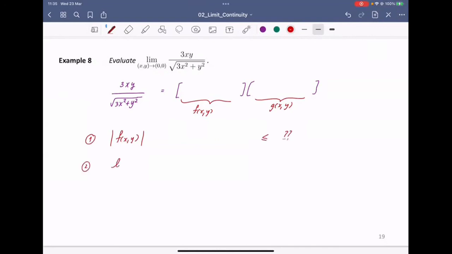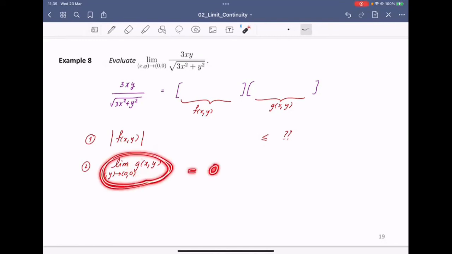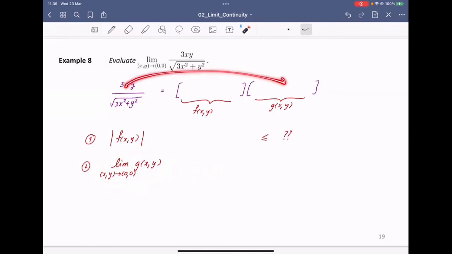Number 2, I need the limit of function g to equal 0. As I told you in the previous example, you do not need to worry about g a lot, because the limit equal to 0 is easy, since if you send x to that, or y to that, it's going to be zero easily anyway. The part that takes a lot of effort is part one.